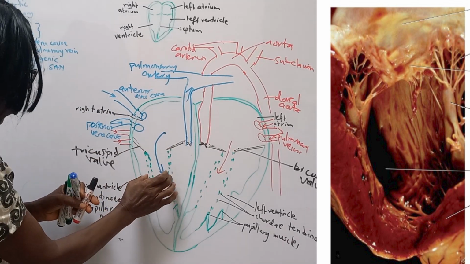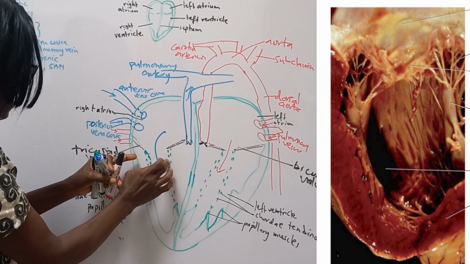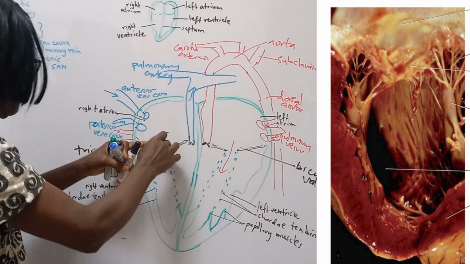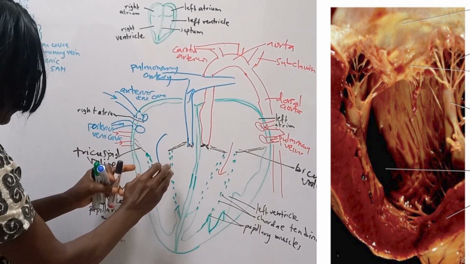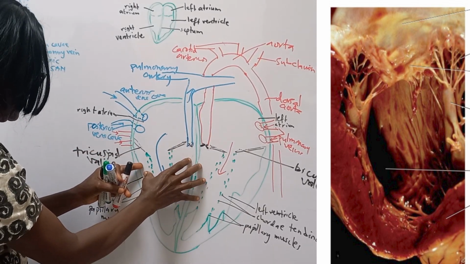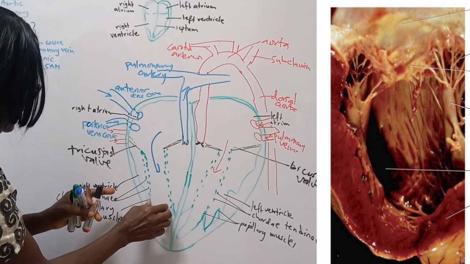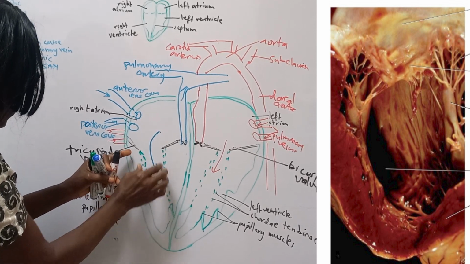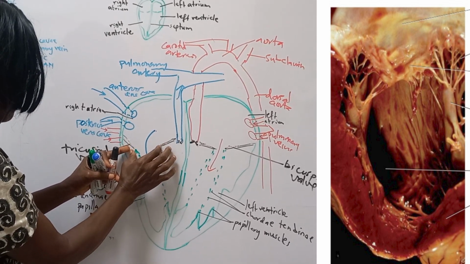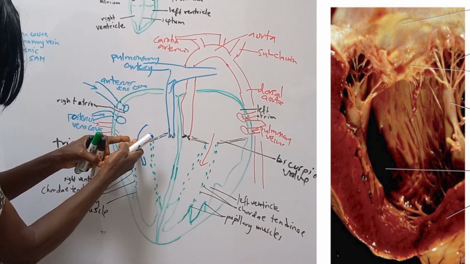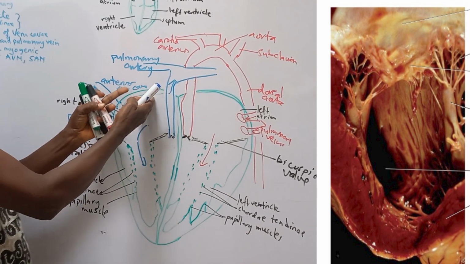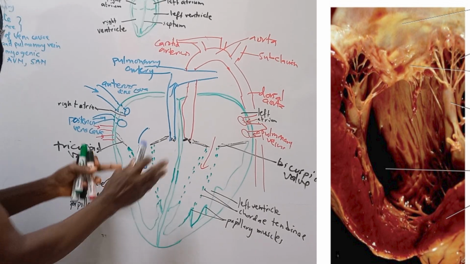Now, the cords make sure that the valves do not open and flap into the atrium, because when the ventricles contract, the papillary muscles also contract and pull the cords to make sure that these valves just close and don't flip into the atrium as the ventricles contract.